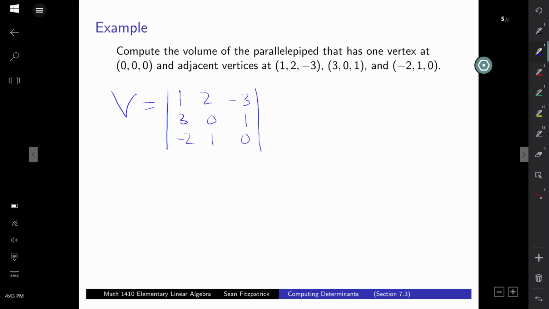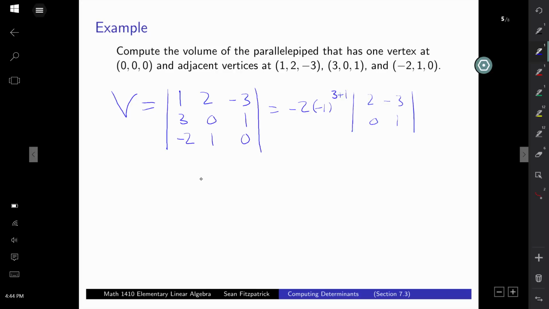We can choose to expand along any row or column that we want. I think I'm going to expand along the third row because I like that 0 sitting there. So it's going to be minus 2, minus 1 to, that's in row 3, column 1, so I guess I should do it as 3 plus 1 times 2, minus 3, 0, 1, right?